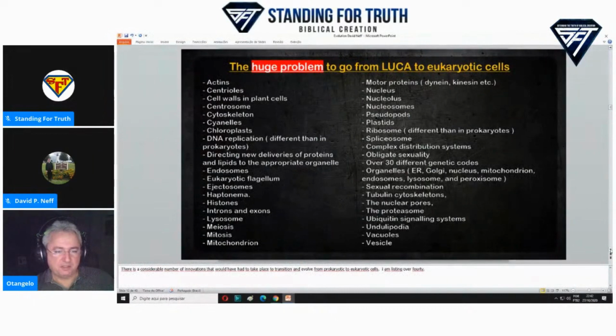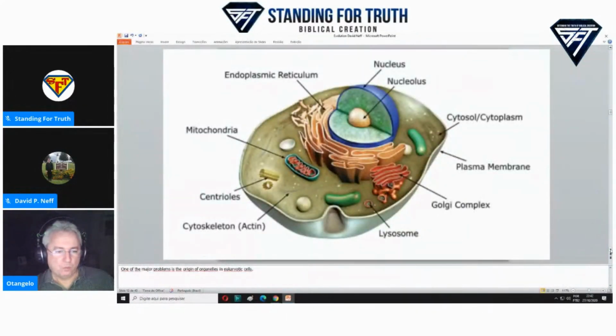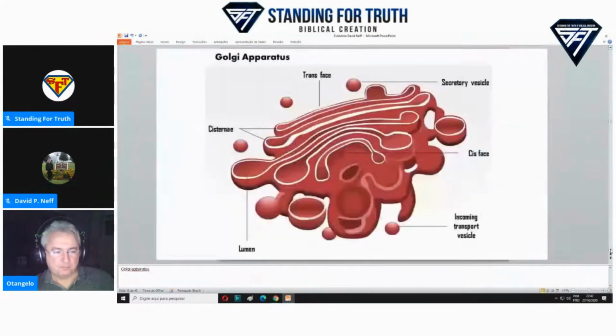There is a considerable number of innovations that would have had to take place to transition and evolve from prokaryotic to eukaryotic cells. I am listing over 40. One of the major problems is the origin of organelles in eukaryotic cells.